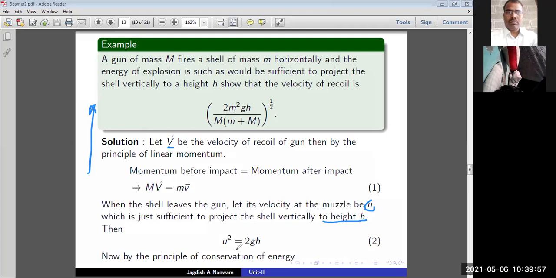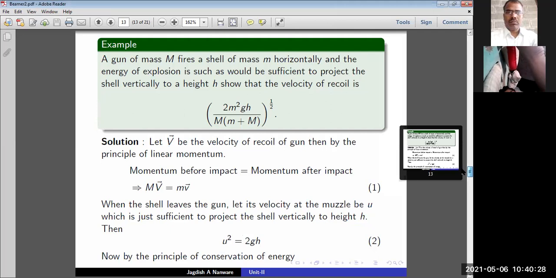And therefore the square of the velocity, u squared, is equal to 2 times g into h, where h is the height of projection and g is the acceleration due to gravity. Now, what is the principle of conservation of energy that we will use here? By the principle of conservation of energy, try to remember equations 1 and 2.